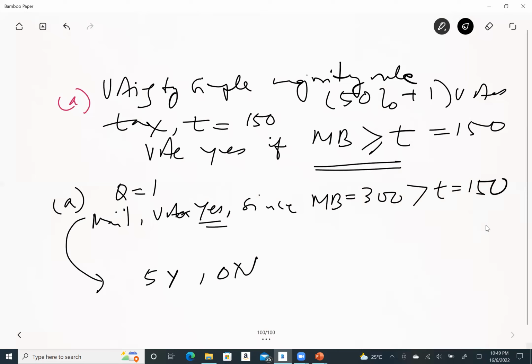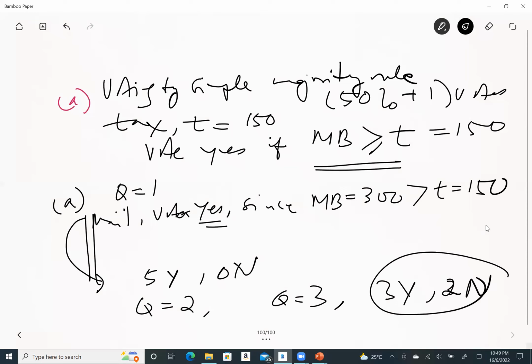So what you do? You increase the Q. You try Q equal to 2, and then you try Q equal to 3 by doing the same principle of voting. Then what you will see is that at Q equal to 3, you will see here 3 vote yes, 2 vote no. So you do the same argument like this.